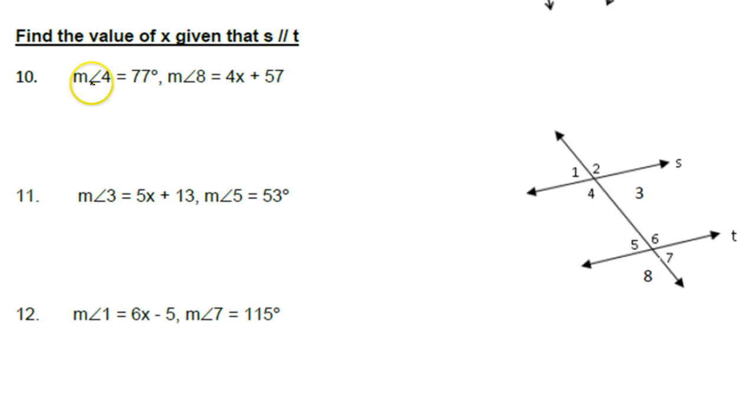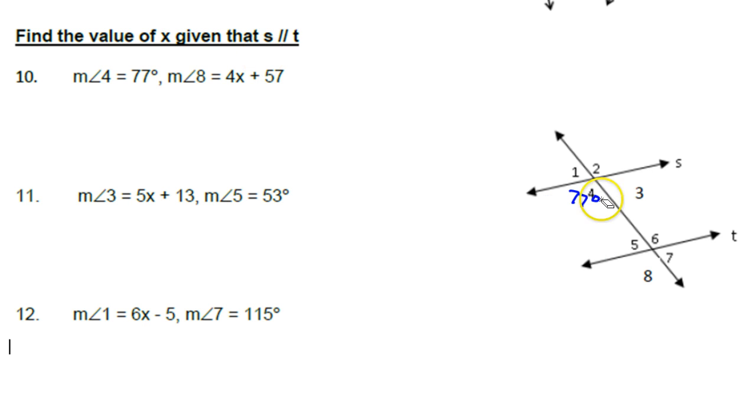Alright, number 10. They're telling us S and T are parallel, so we have parallel lines cut by a transversal. They say that angle 4 is 77 degrees, and the measure of angle 8 is 4x plus 57. So that's this right here.